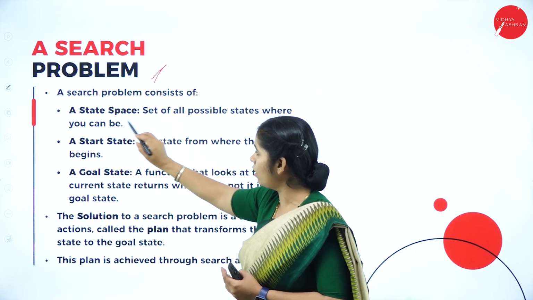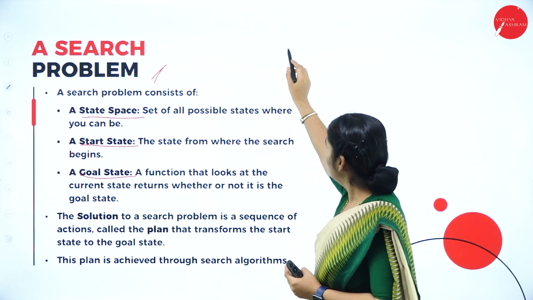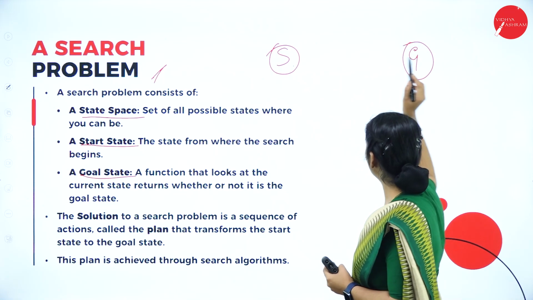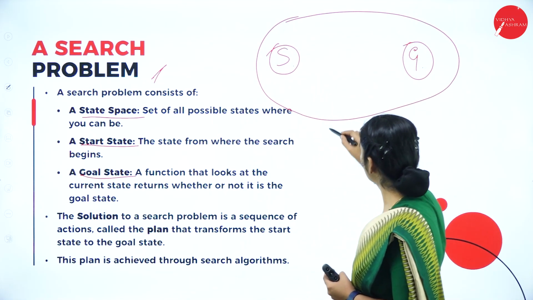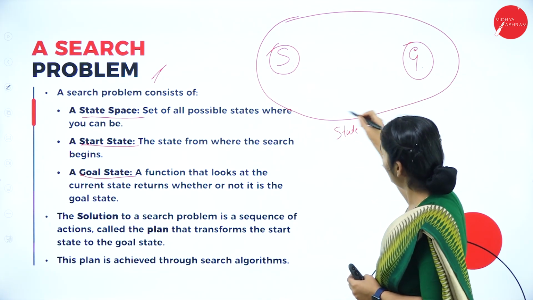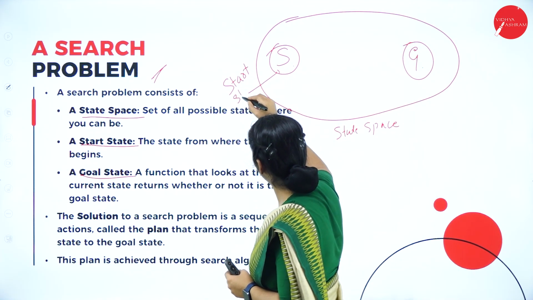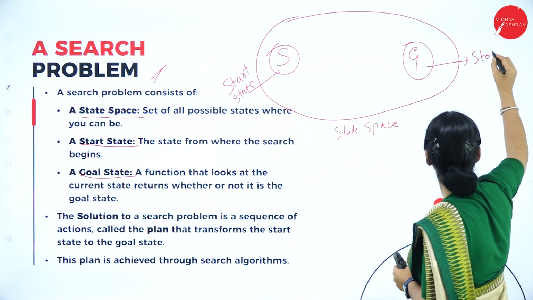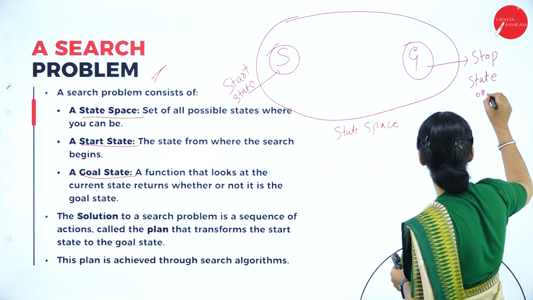A search problem consists of a state space, a start state and a goal state. This is my start state. This is my goal state. So I have to reach from the start state to the goal state, and whatever space comes in between is called the state space. S is the start state. G is the stop state, or we can say the goal state.